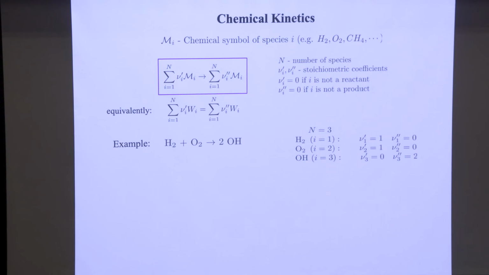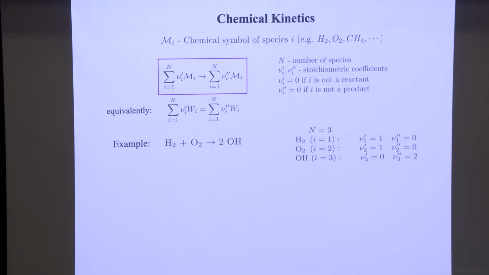Be careful that in this notation, I is all the species, okay? The prime indicates the reactant, so it's equal to 0 if I is not a reactant, okay? And the double prime indicates things on the right, so it's 0 if it's not a product, okay?